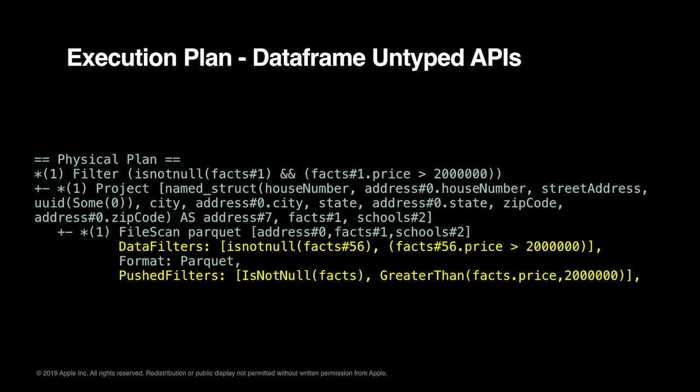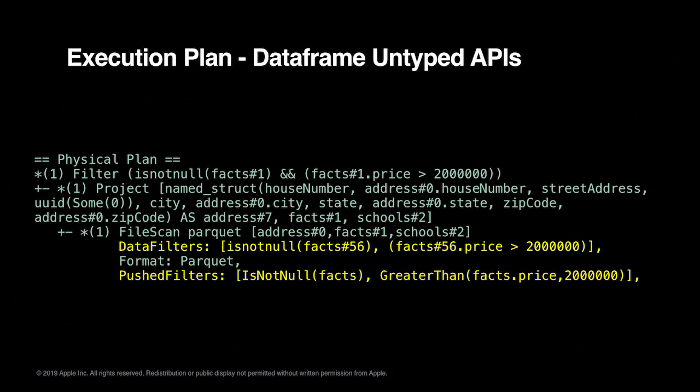The execution plan is how Spark actually executes this query. So here is the execution plan from the previous query. As you can see, we have a data filter that filters out prices larger than $2 million. And over here, we did a projection to create a new street address with a UUID. So it's being replaced.